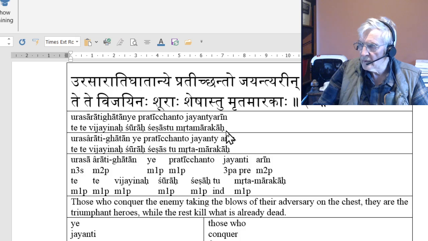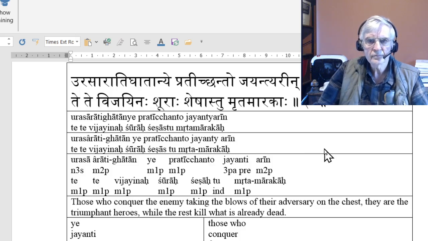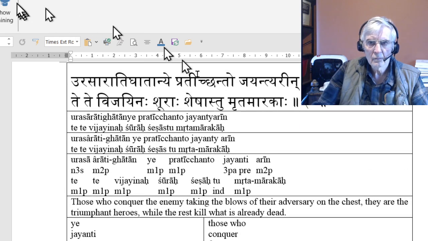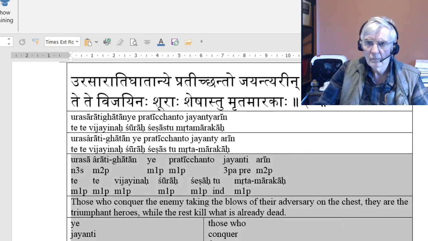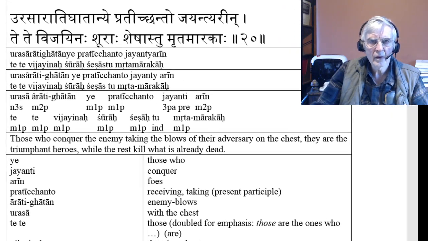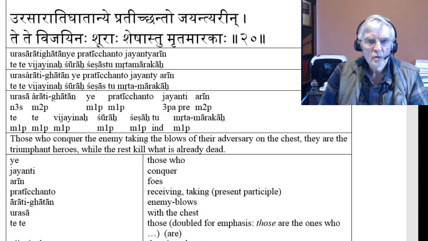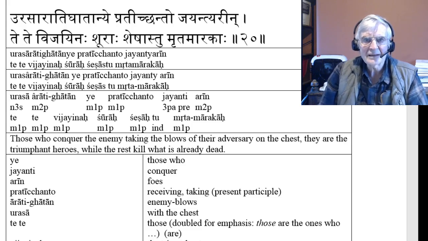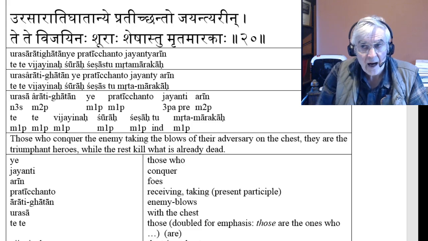So I will read this through again. Urasarati ghatan ye pratichanto jayantyarin te te vijayanah shura sheshastu mritamaraka.